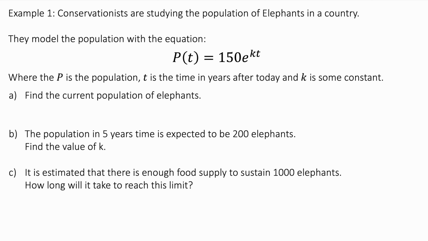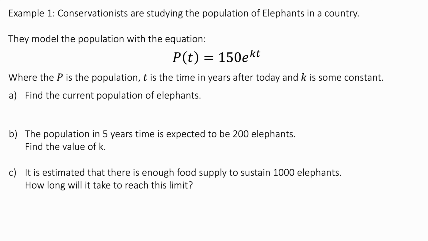Okay, so an example here is given. It says conservationists are studying the population of elephants in a country. They model a population with the equation population at time t is equal to 150 times e to the power kt, where p is the population, t is the time in years after today, and k is some constant.